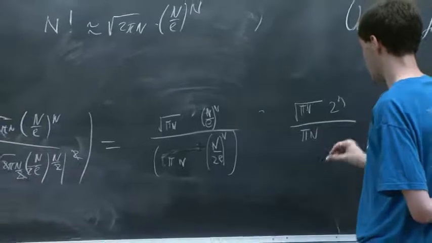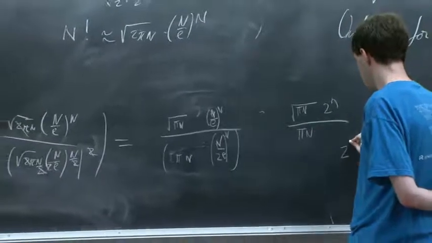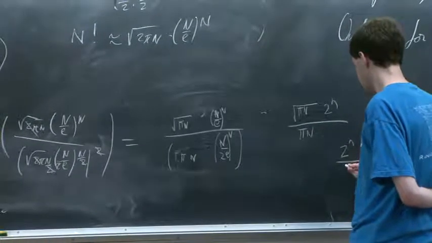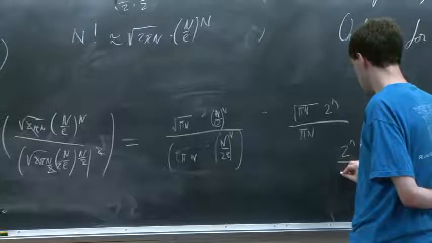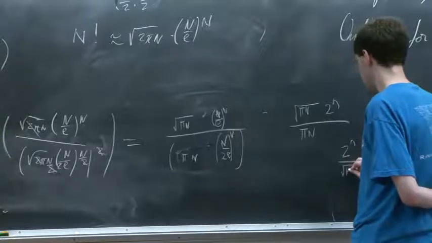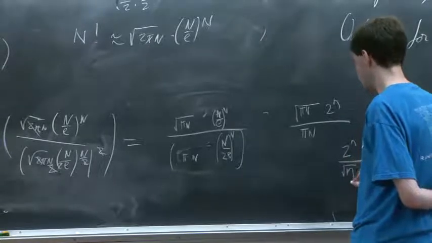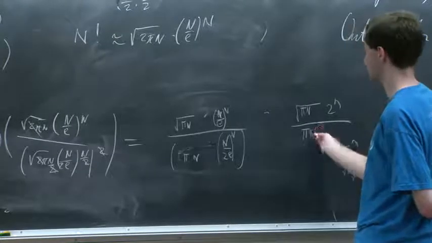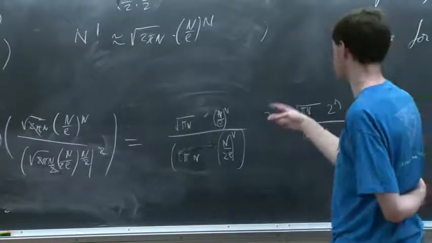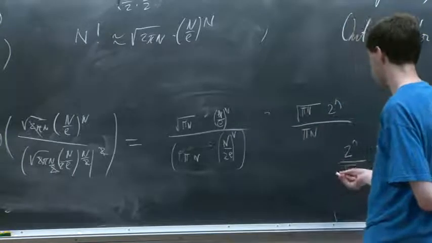Can do some more canceling and just get 2 to the n over the square root of n. We can take out the pi because it's in a natural logarithm and it's a constant factor.